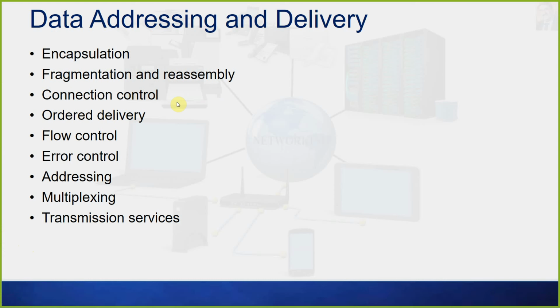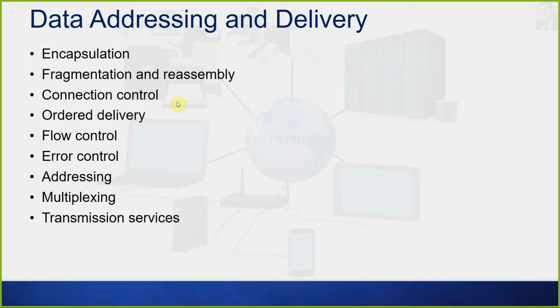Data addressing and delivery include all these phases or steps: encapsulation, then fragmentation and reassembly, then connection control, then ordered delivery of packets, flow control, error control, addressing, multiplexing, transmission services.